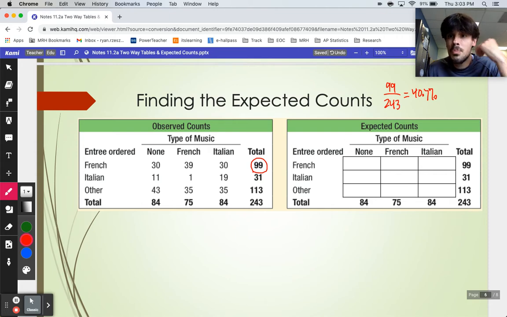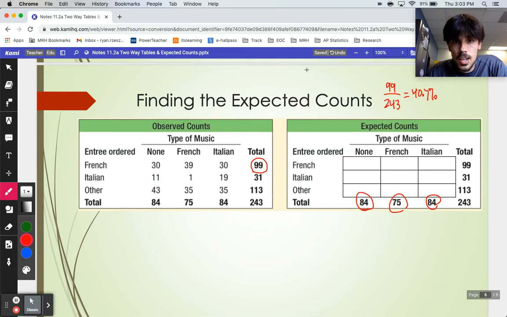So that means if music doesn't matter, like H0 says, I would expect 40.7% of the no-music group right here to order French food. I'd expect 40.7% of these guys to order French food, and 40.7% of these guys to order French food.